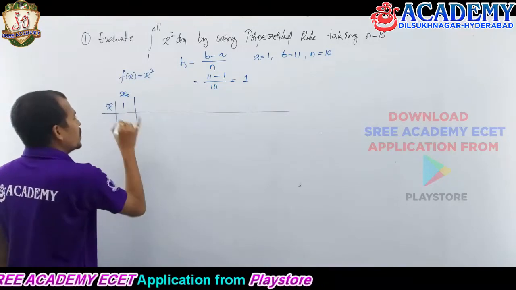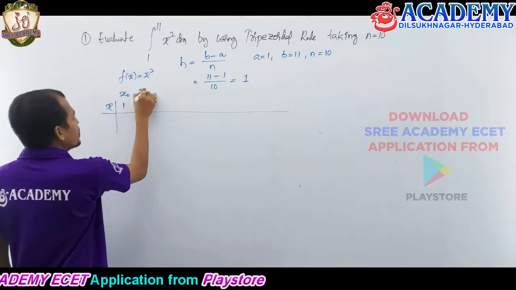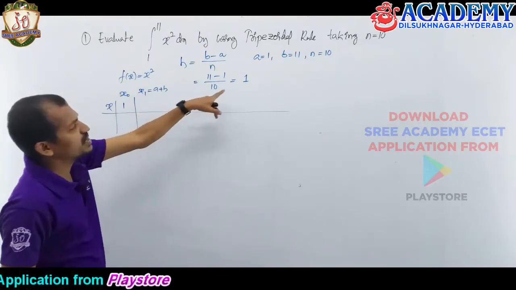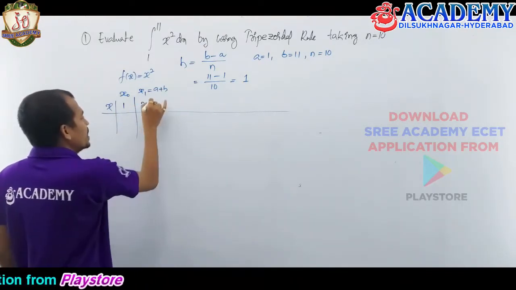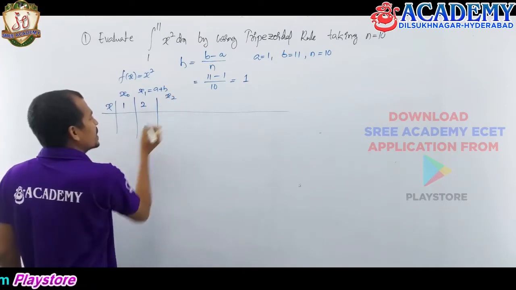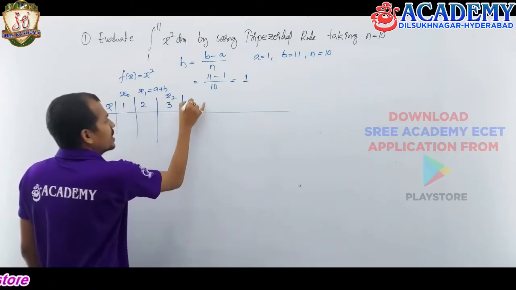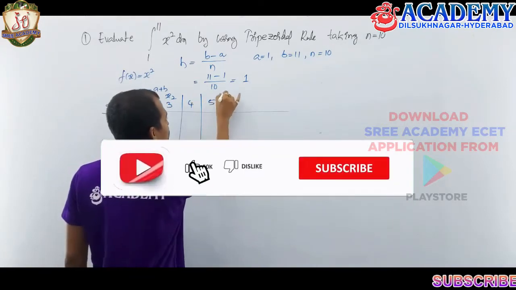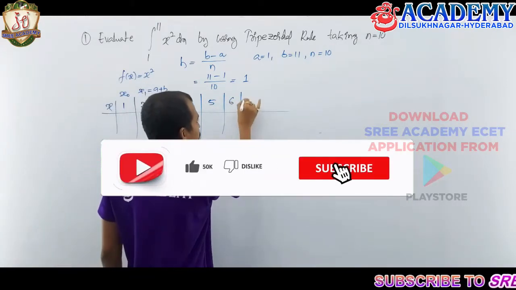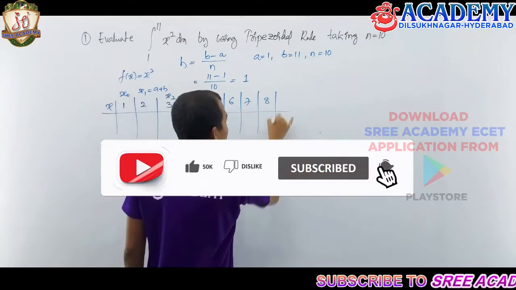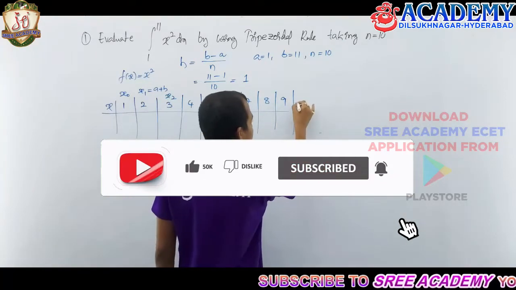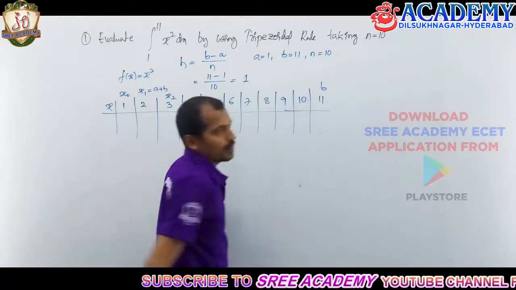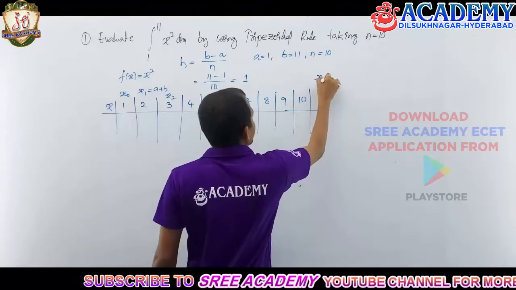Then x1 is a plus h, that is 1 plus 1, 2. Then x2 is 3. The remaining are 4, 5, 6, 7, 8, 9, 10, and last is 11, that is going to be b. b is nothing but xn.